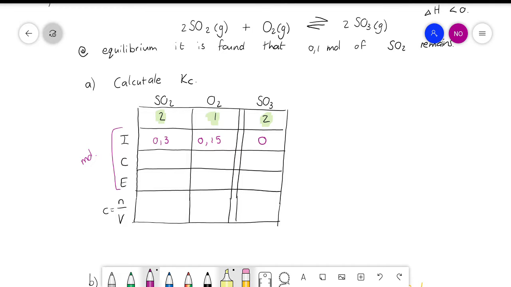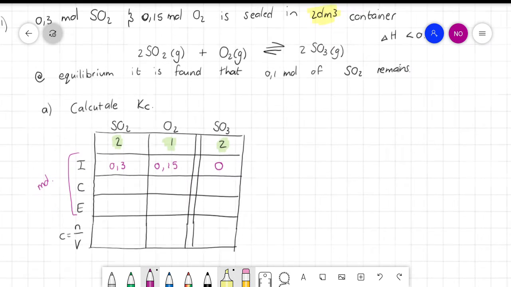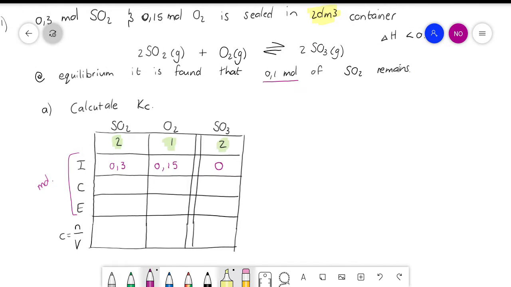The only other information they give us is that this is left at equilibrium, so down here at equilibrium there's 0.1 mole.